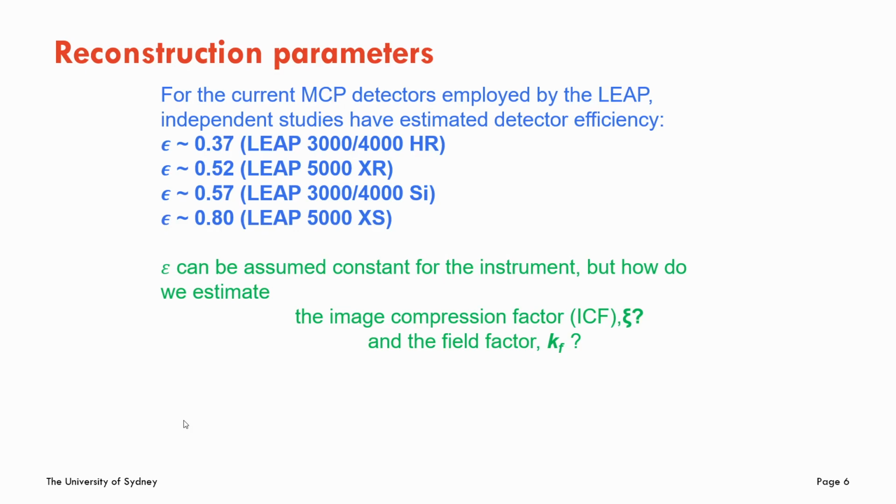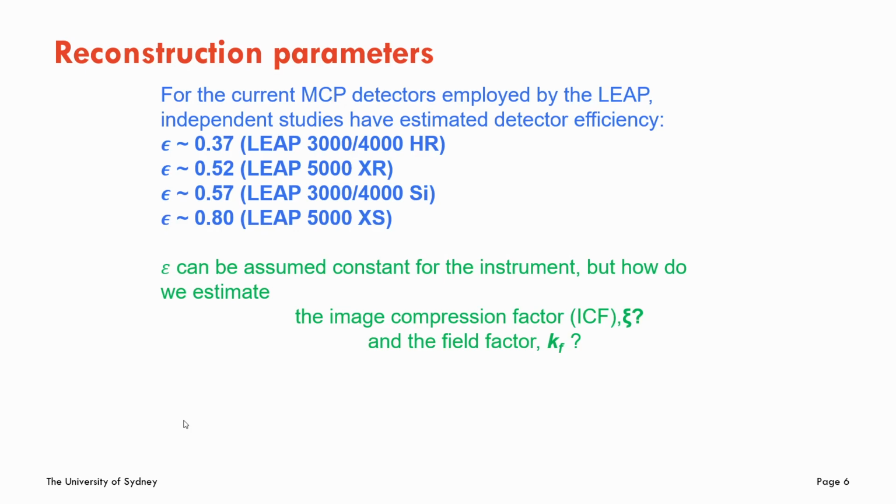The detector efficiency is an easier parameter to nail down because it's usually constant for the instrument that you're using. For the current multi-channel plate detectors used on the CAMECA LEAPs, there have been a number of studies over the years that have tried to independently measure those detector efficiencies. And so here they are.